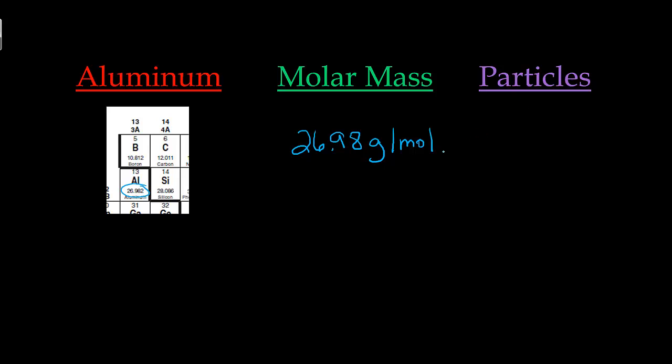And the number of particles of aluminum in 26.98 happens to be 6.02 times 10 to the 23rd, because this is grams in 1 mole and this is particles in 1 mole. So there are 6.02 times 10 to the 23rd atoms in 1 mole, or 26.98 grams of aluminum.